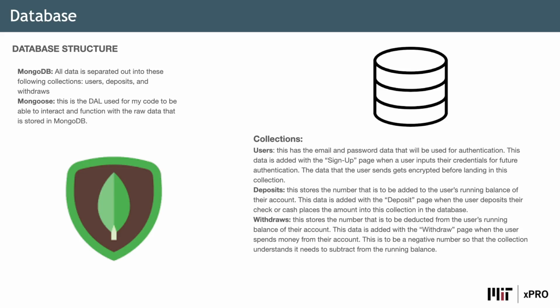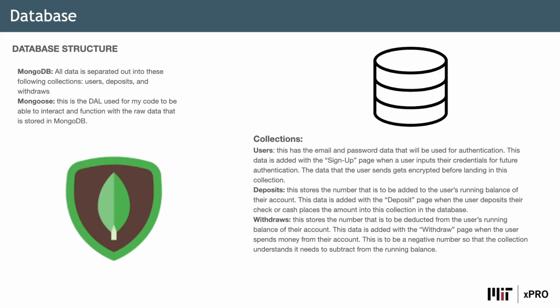Those collections are for users, deposits, and withdrawals. And then we use Mongoose in order for the code to be able to interact and function with the raw data that is stored within MongoDB.